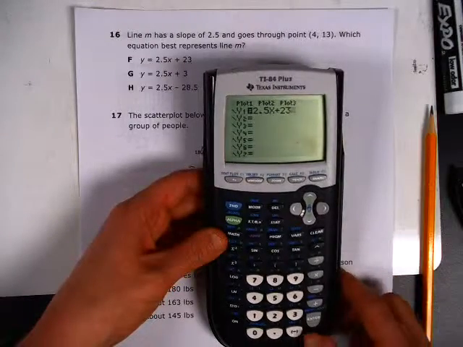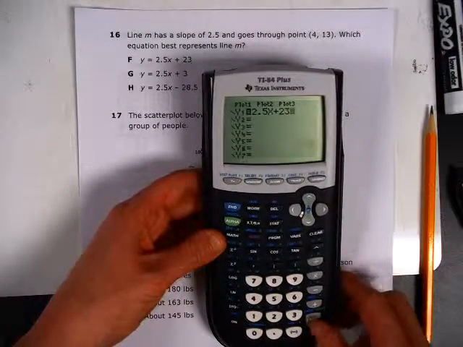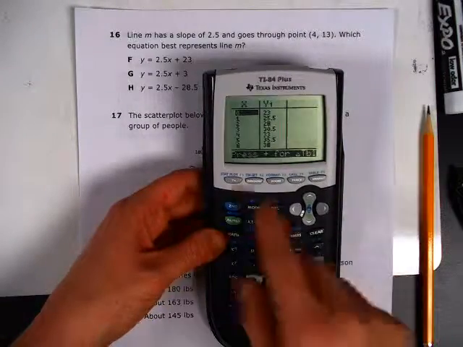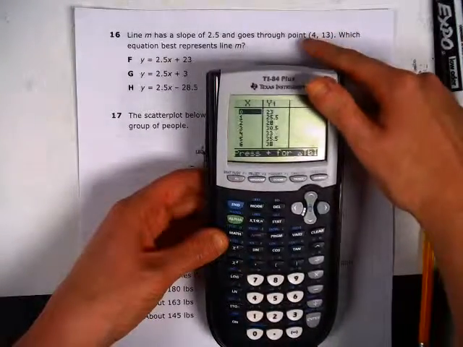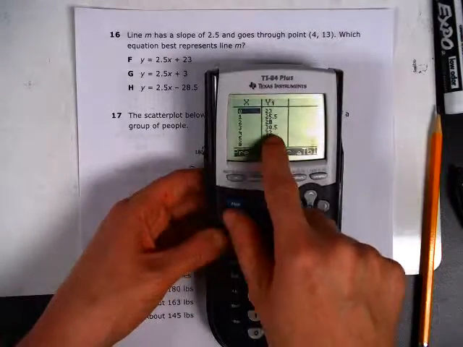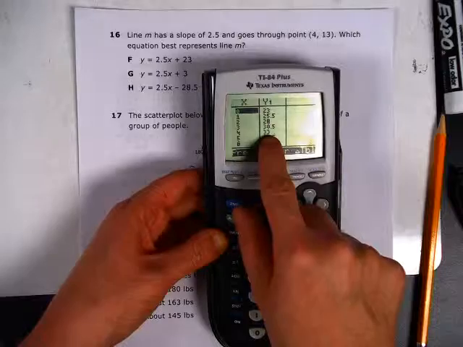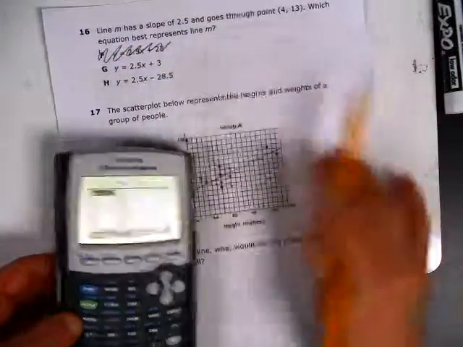Okay, type this in. And then go to second and table, and then look where it says 4, your answer should be 13. This says 33, so that can't be the one that fits that situation.